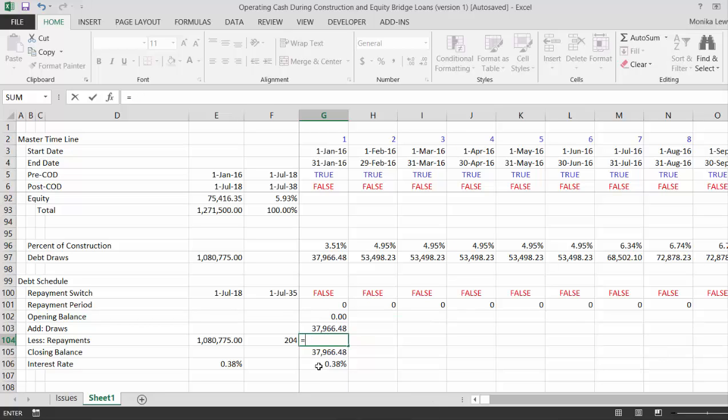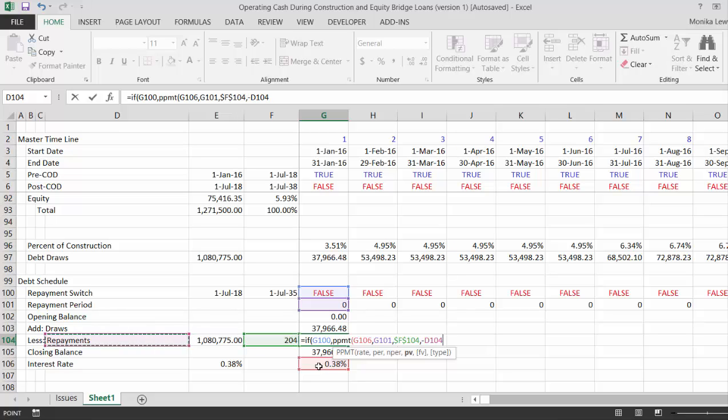Let's do this. If we have a repayment switch, then PPMT, and we take the rate on the debt. Now F4, take the periods down. We press the F4. Nope. Sorry. We take the period of the debt, and then we take the number of periods, F4, and then we put a minus on the debt.